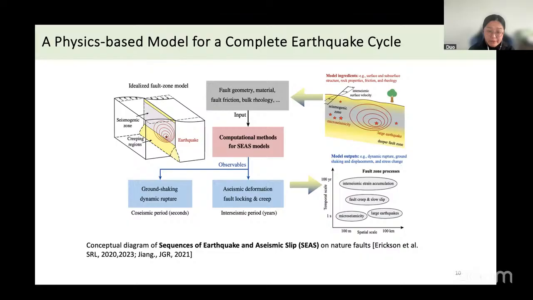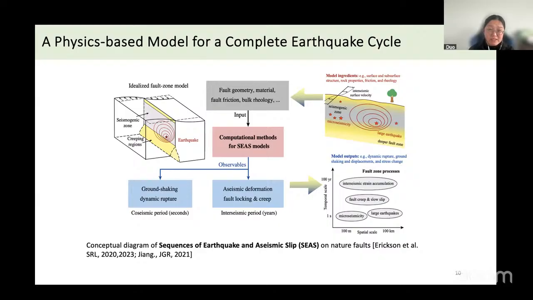We simulate using the same fault setup and the same parameters to try to reproduce exactly the same result, in order to make sure that all the codes work correctly. This setup is normally very simple. We have a planar fault, vertically distributed.